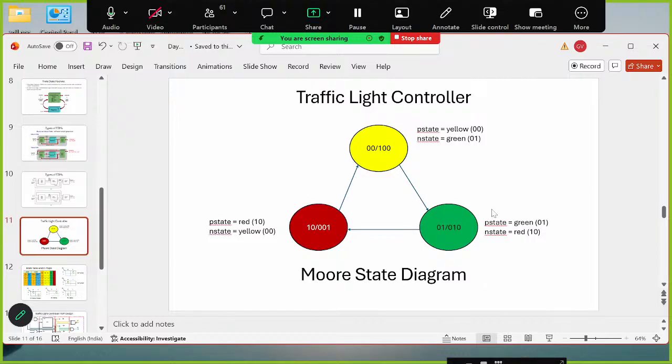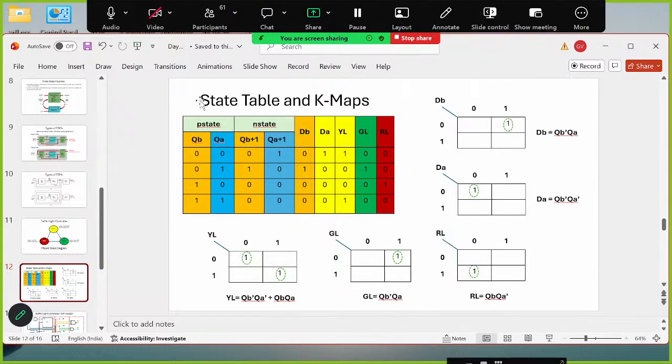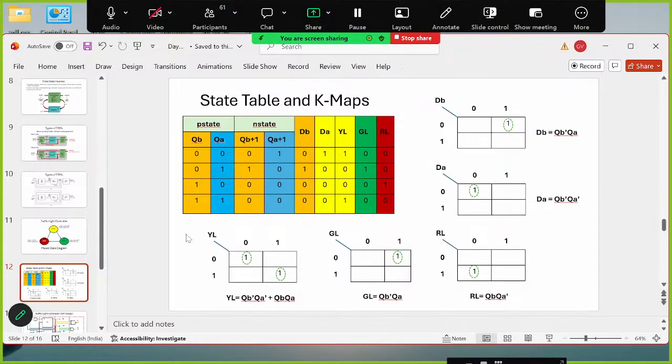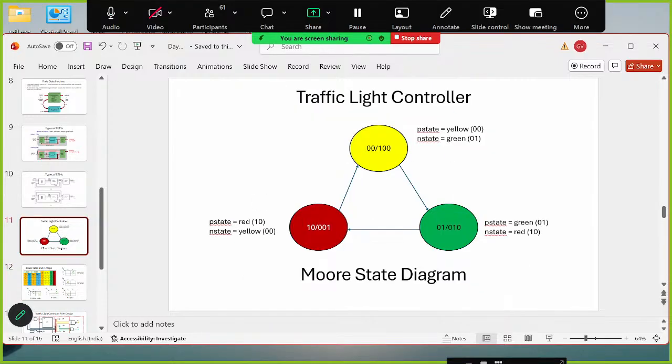Now using this state diagram, I can simply create a table, a state table you can say. Okay, how? Let's say this is my present state and this is my next state. The present state is represented by 2 bits.